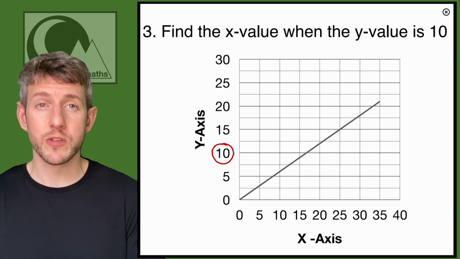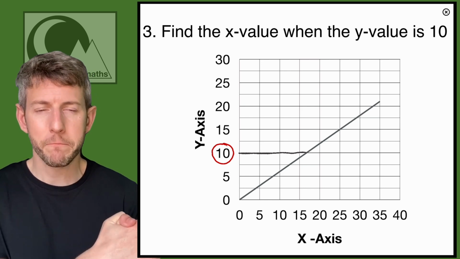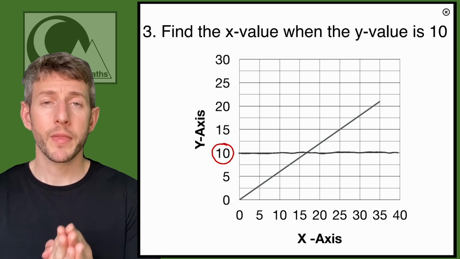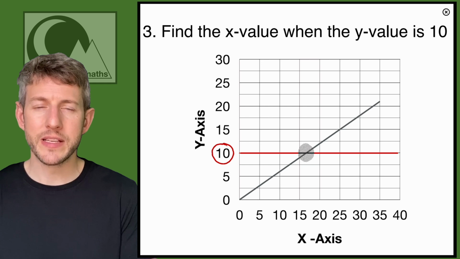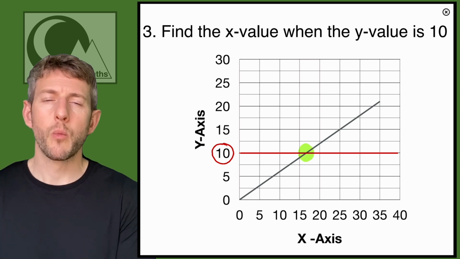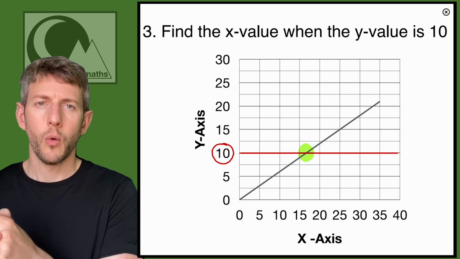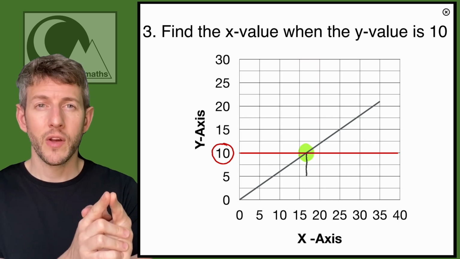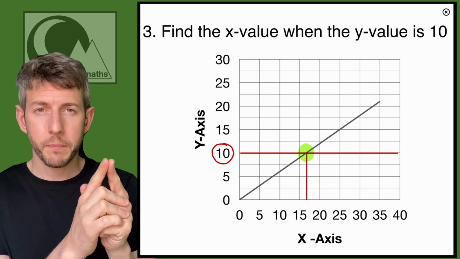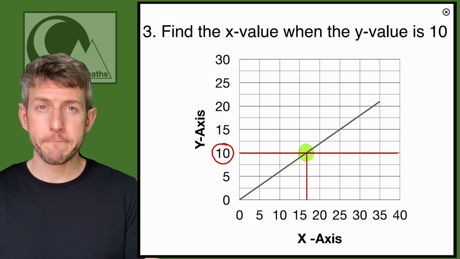We can draw a horizontal line across here because all of the points on this horizontal line are where y equals 10. But we want to know what the x value is on the graph when y equals 10. So we need to read along all the values where y equals 10 until we hit the graph. When we're at this graph, we stop and read down to find out what the x value is.